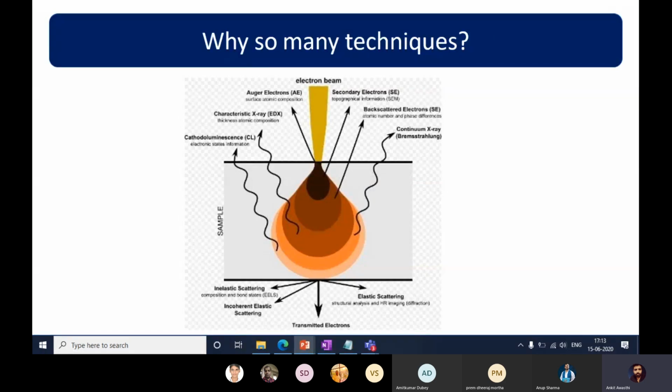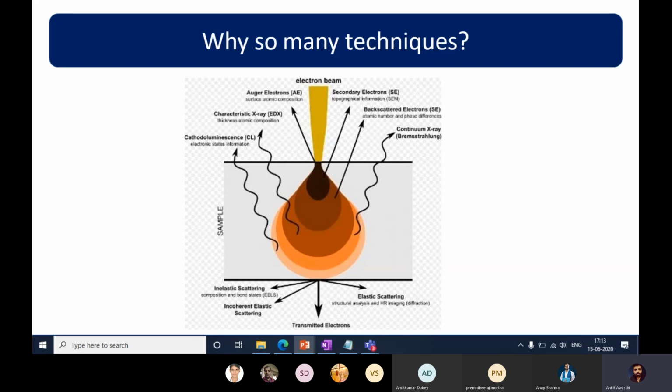In the case of back scattered electrons, we know there is an elastic interaction, but in the case of secondary electrons, it is mainly inelastic scattering. So generally we use the secondary electrons method to get more idea about the surface information.